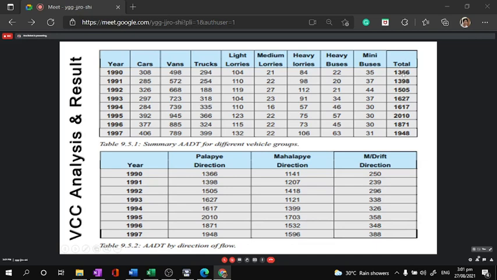Average daily traffic, the average per day over one year, summarized for one road network. And then the direction is opposing, so one direction goes one way, then the other goes the other way. So it's opposing direction, no? So one way is a higher volume compared to the other. So notice that although it's the same road, it's opposing in direction.